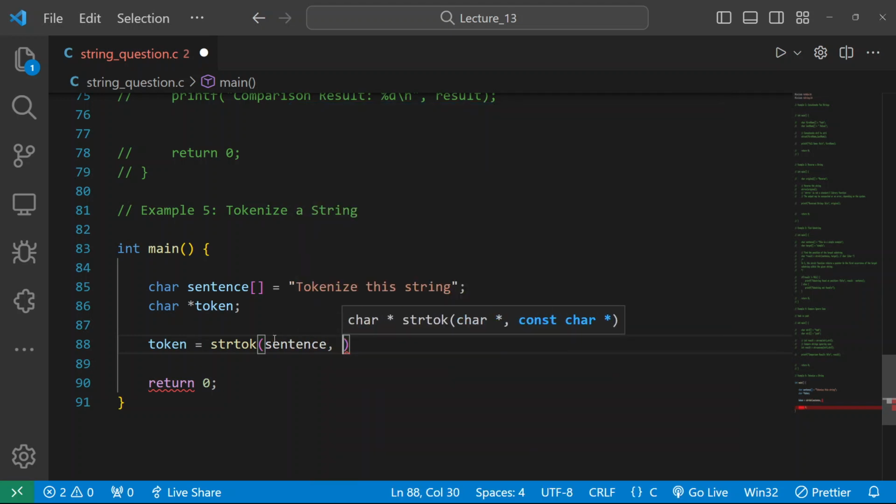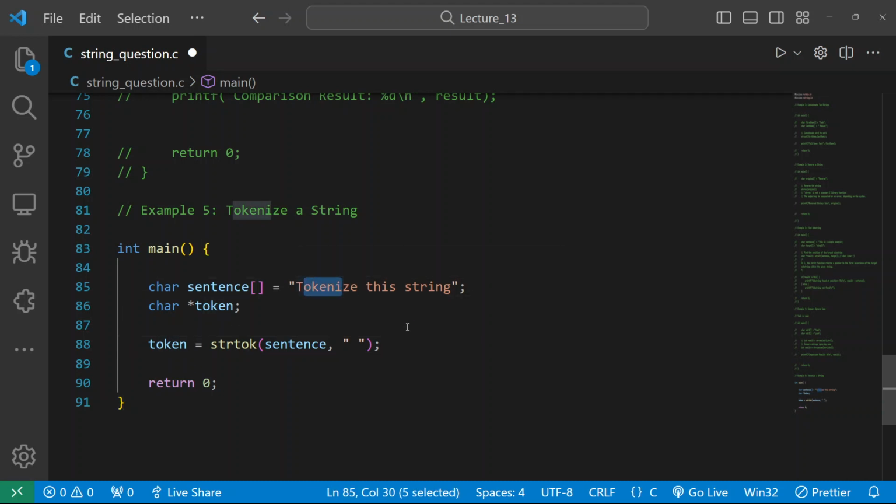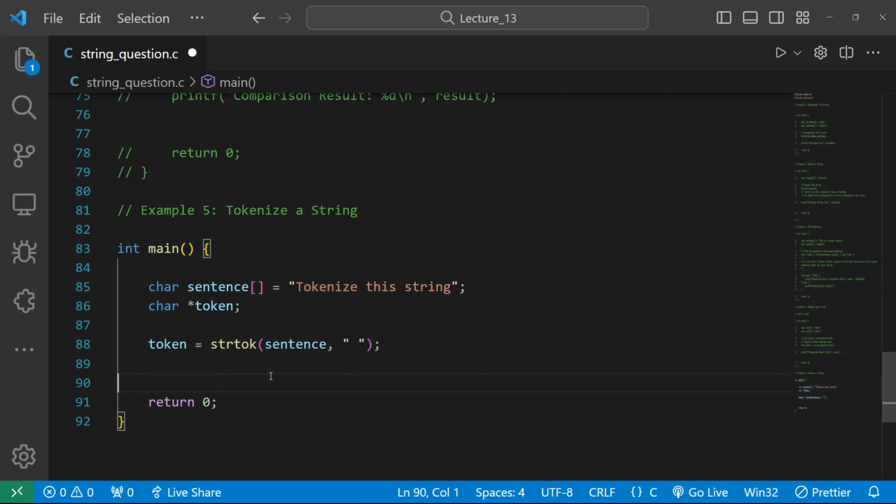Writing a sentence and providing the space. Why am I providing the space? Because I need to split this, which means I need the output in this format.